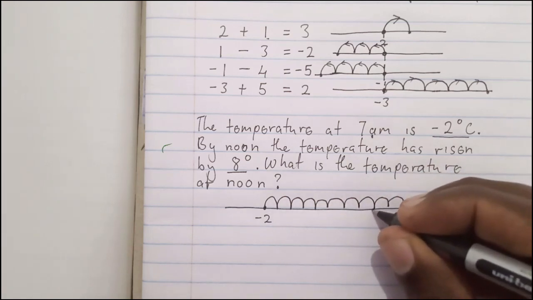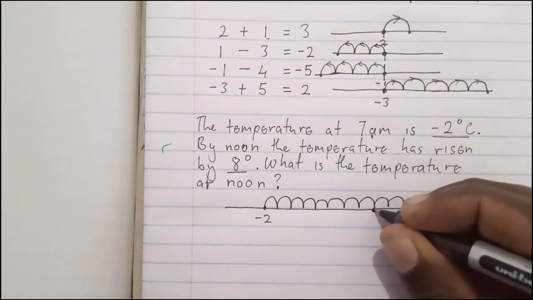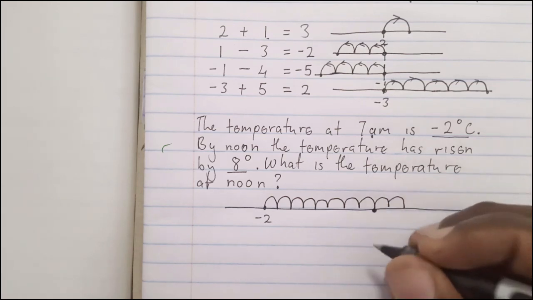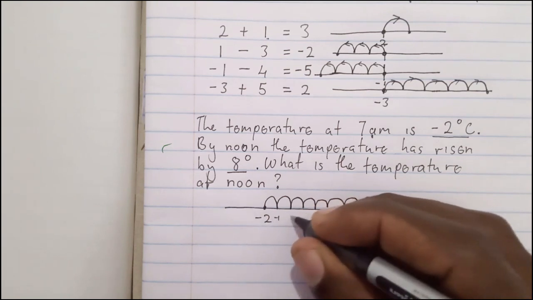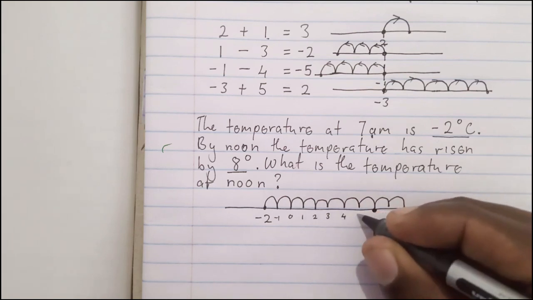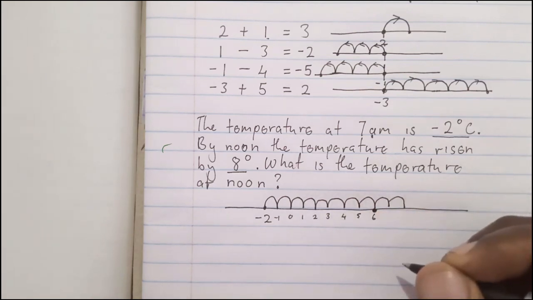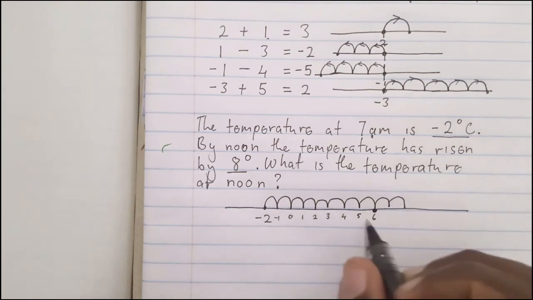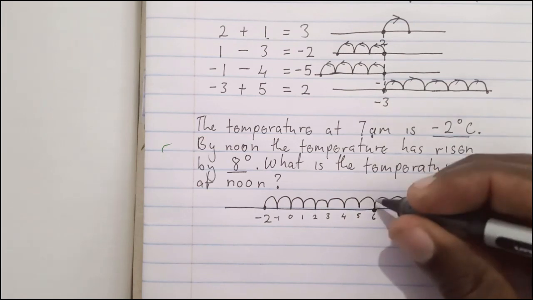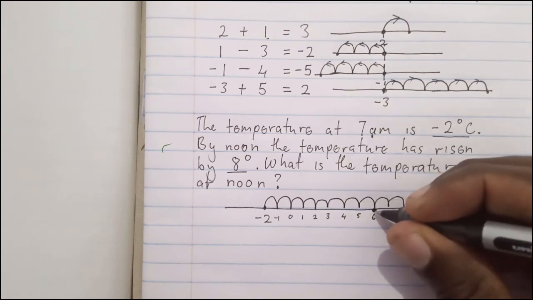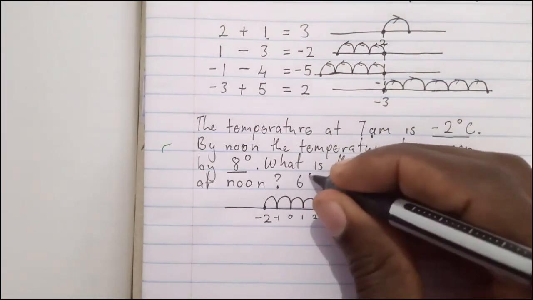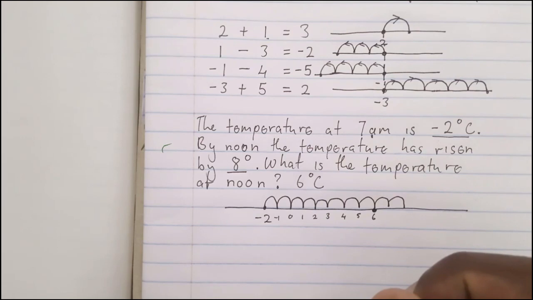But then at 8 steps, this is where it is. So let's see. This is -1, 0, 1, 2, 3, 4, 5, 6. Okay, so the answer is 6. The temperature at noon was 6 degrees Celsius.